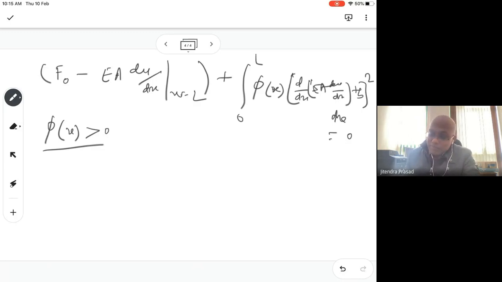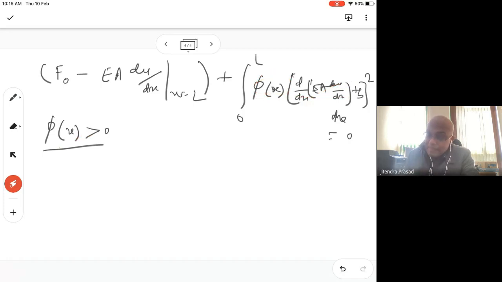So what do we get in this case? If it is always 0, if that makes it equal to 0, we know that this term is 0, right? Sorry, the square, so it's positive. This phi x is positive, right?